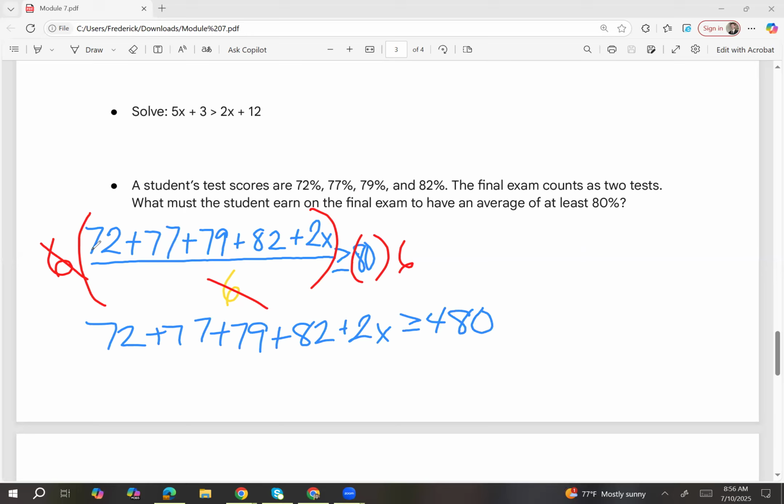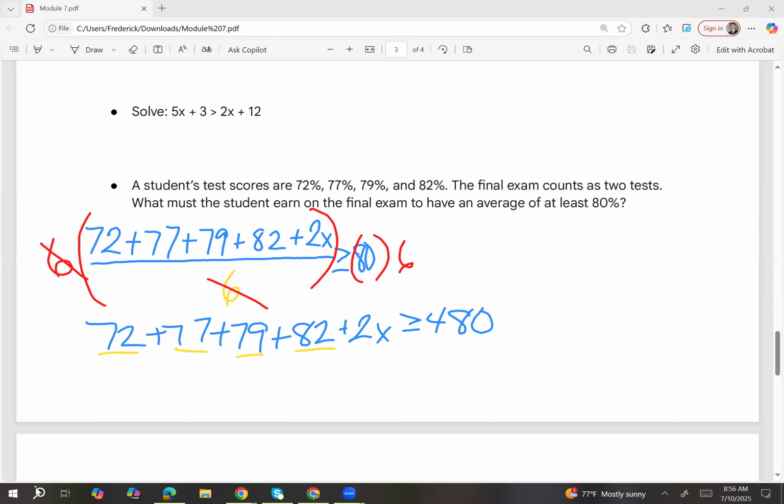Then we want to add some of these like terms that we see on the left. Notice we have a lot of number terms. This one, this one, this one, and this one. So let's add those up. 72 plus 77, 79, and 82. And just confirm that on your calculator. Let me just pull up a calculator here.